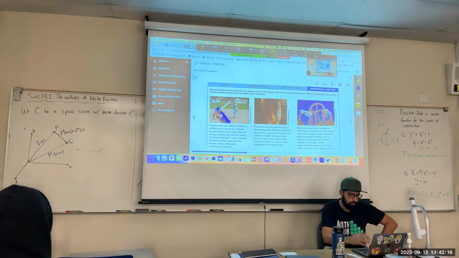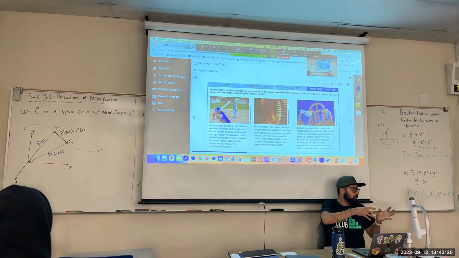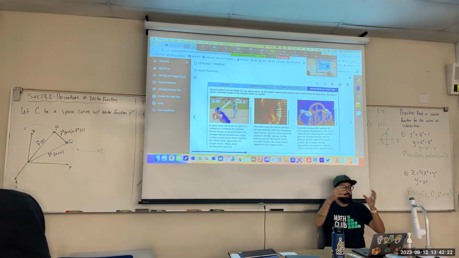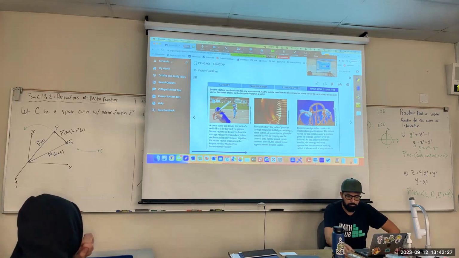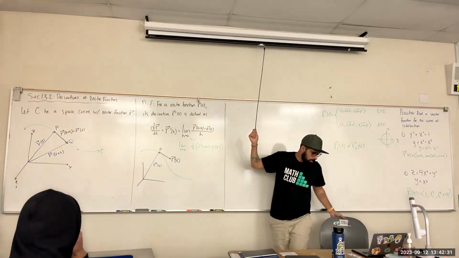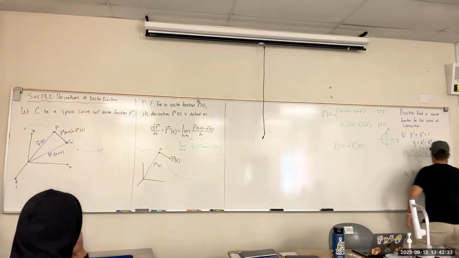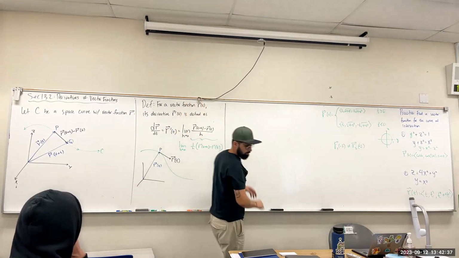So as in Calc 1, there are the applications of the secant representing average change or average velocity, and the tangent representing instantaneous velocity. These are some of the applications. This is why this topic is required for other science courses.